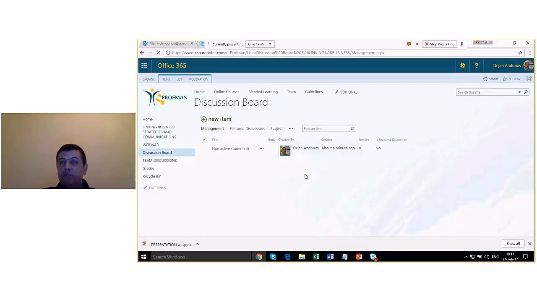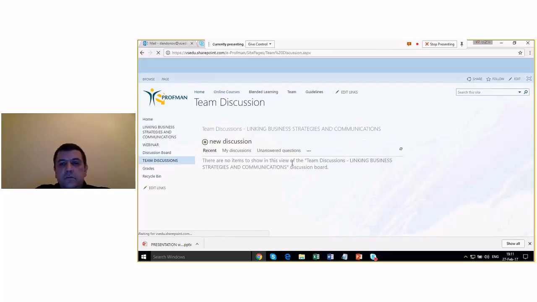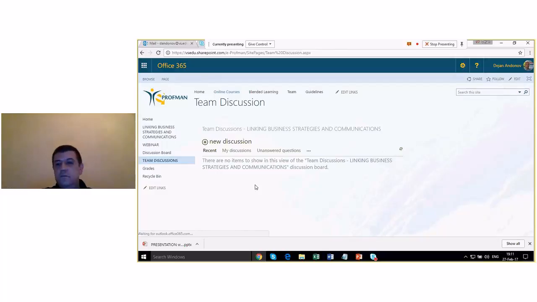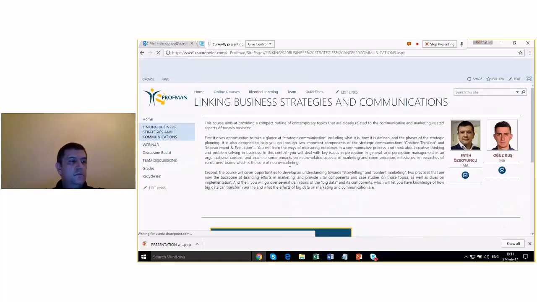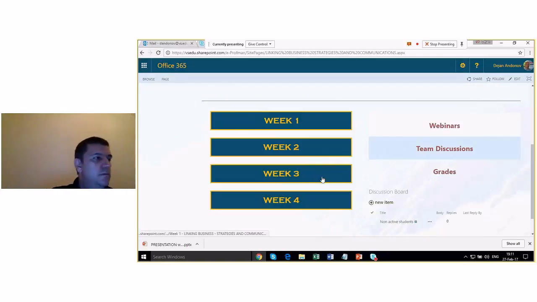On discussion board, you enter directly to the discussion board. As you know, I already wrote something. Team discussions, as I explained, you can find a folder of your team for the discussions. Grades are also here on the left-hand menu. As I said, it is a menu for easier navigation.